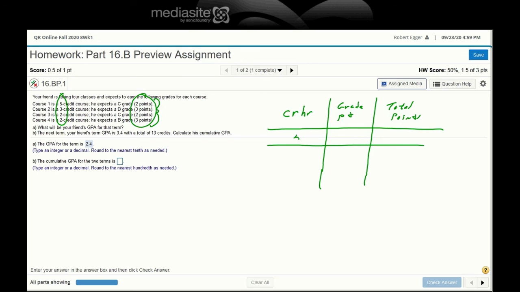So we had a 5 credit class with a grade with only 2 points. I had a 3 credit class where I got a B, that's with 3 points. Another 2 credit with a C, and another 2 credit that I got a B in.